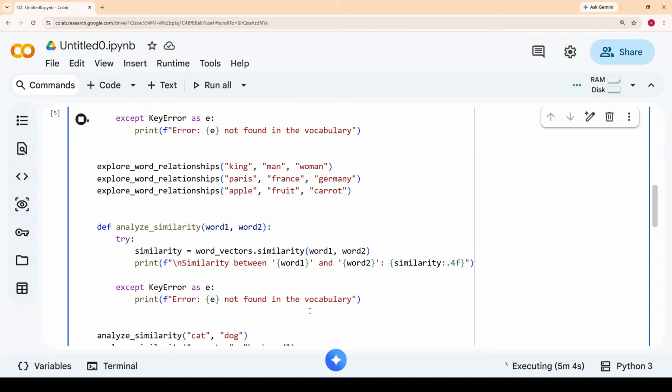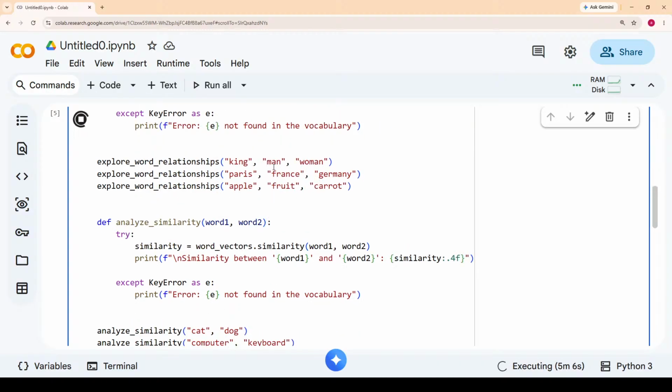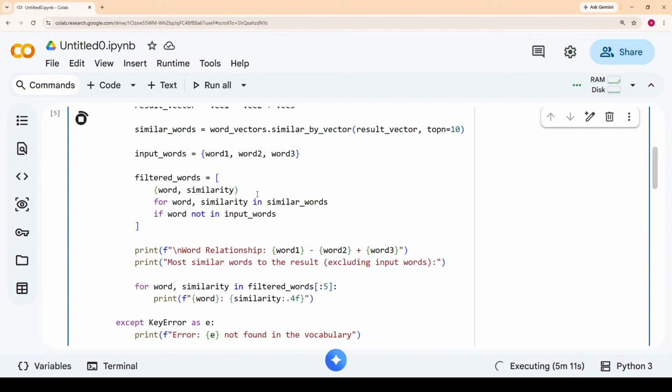Here word 1 is king, word 2 is man, word 3 is woman. So if we substitute king minus man plus woman, what does it explain?